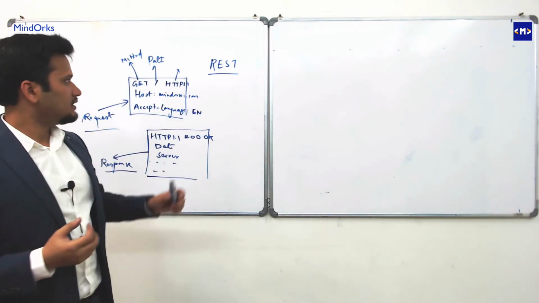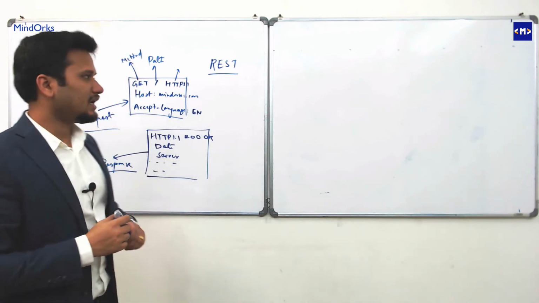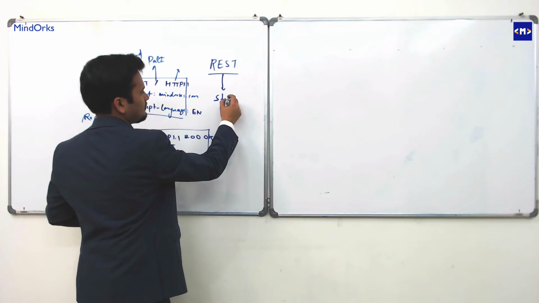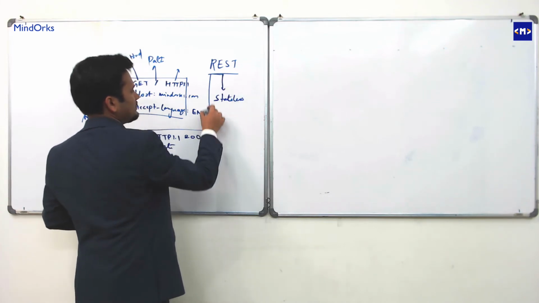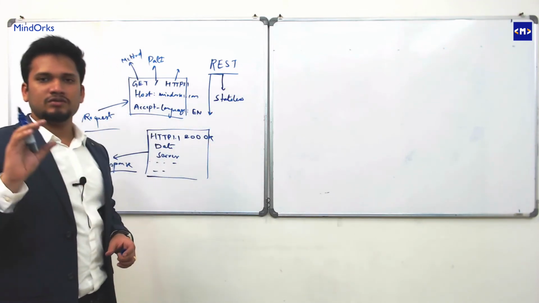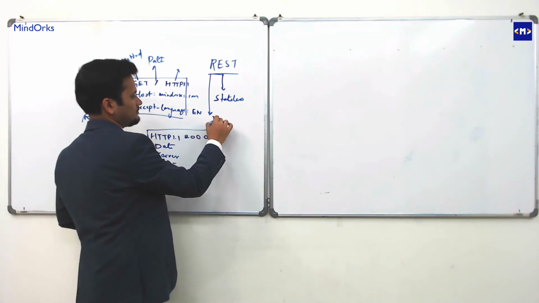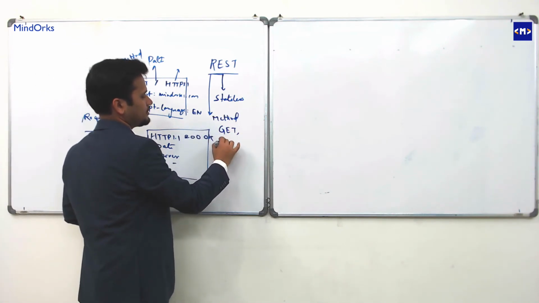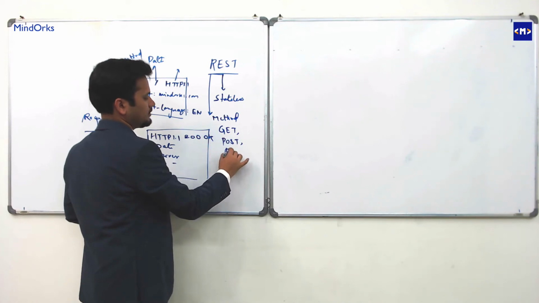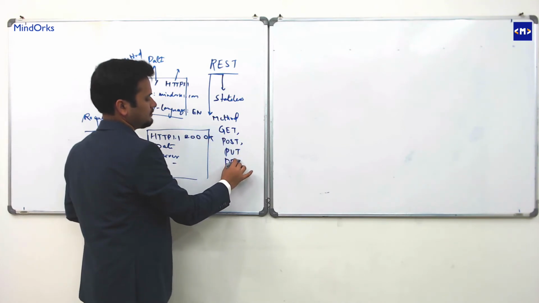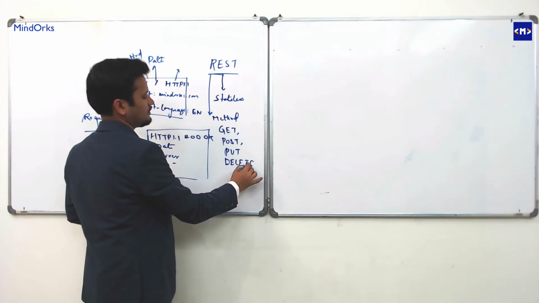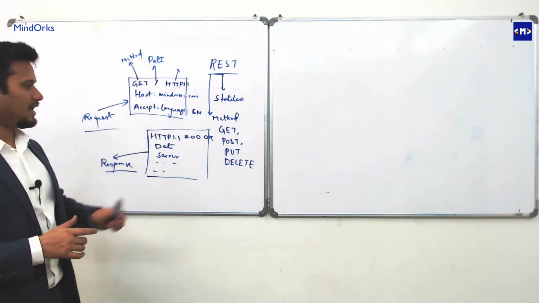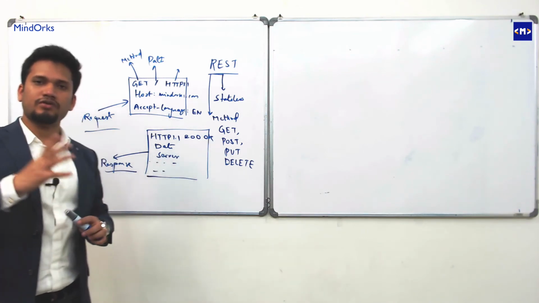Basically, for understanding it, it means that your system should be stateless and it should communicate with particular methods like get, post, put, delete. What each method does will stay the same throughout the application.